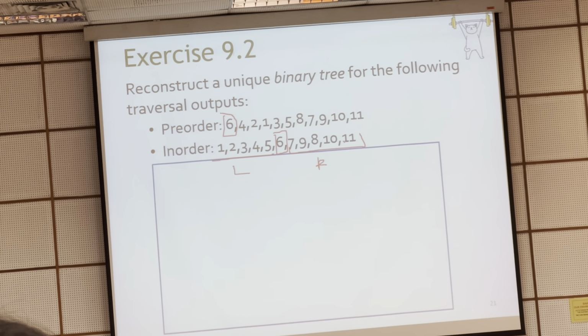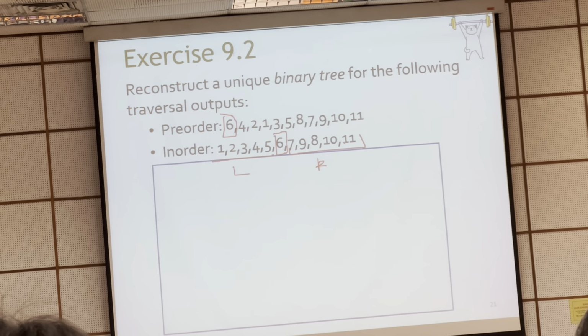So now the root is already decided, and the left subtree and right subtree are decided. So for the next level, what are the children of 6 on the left and the right? What you do is, for pre-order, we go through from the root, left and right.